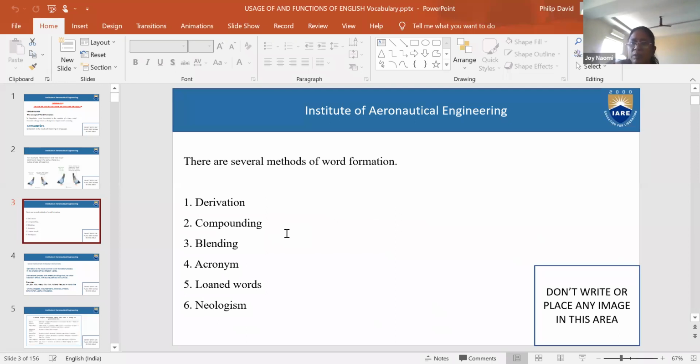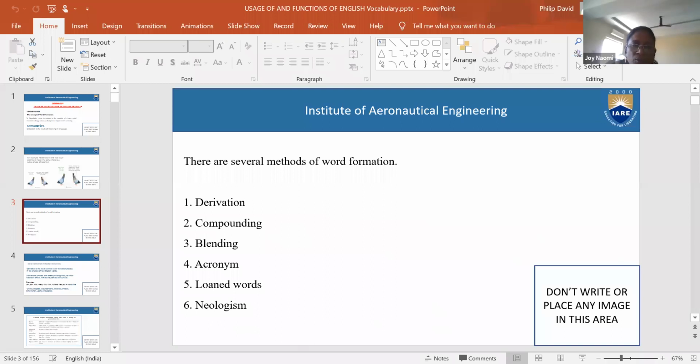N5, unmute yourself and read the different procedures by which new words are formed. There are several methods of word formation: derivation, compounding, blending, acronym, loaned words, neologism.